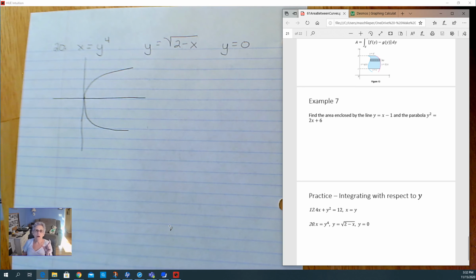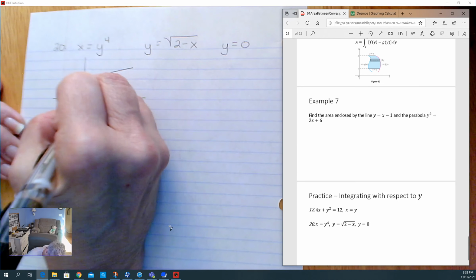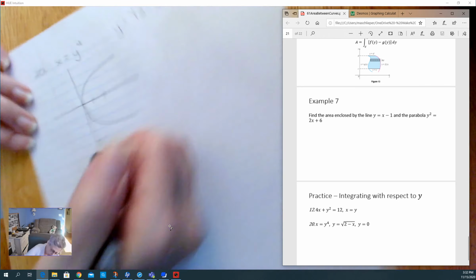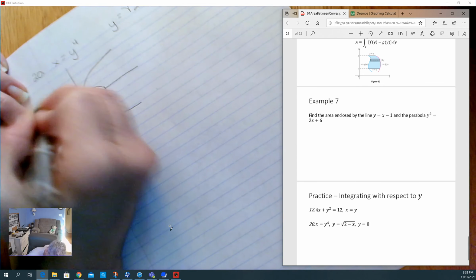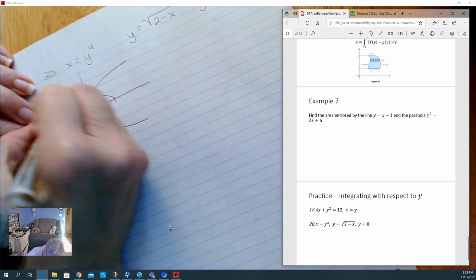Square root of x looks like this. If we put a minus sign inside of it, that flips it around, and adding 2 underneath the radical shifts me 2 units to the right, something like that.